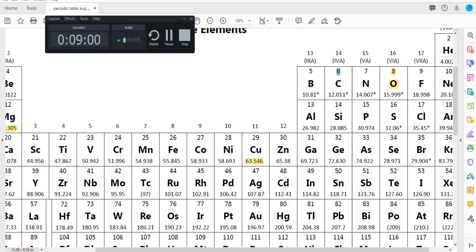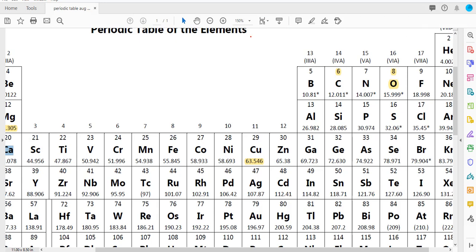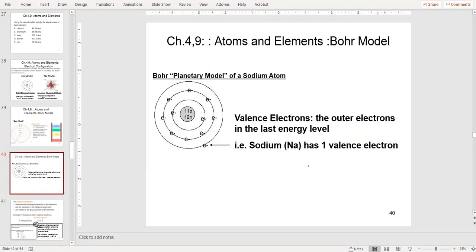That means there are 6 protons and 6 electrons. And since we're already here, if I'm going to pick on carbon, I'll do oxygen, and then I'll do calcium. So carbon has 6, oxygen has 8, calcium has 20. So let's go ahead and make the Bohr models for those.